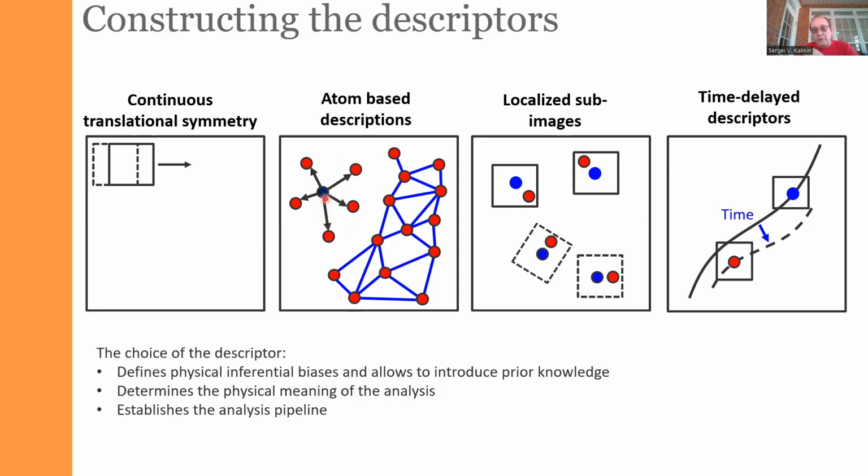One way to do that is to take the image, find the atomic positions, and then analyze only the atomic positions. In some sense, we forget everything else there. We focus our attention only on the atomic positions within the image. I'll show you an example of how it works.